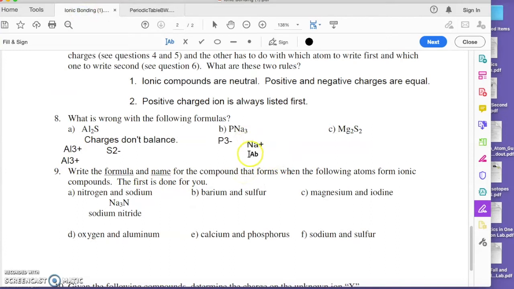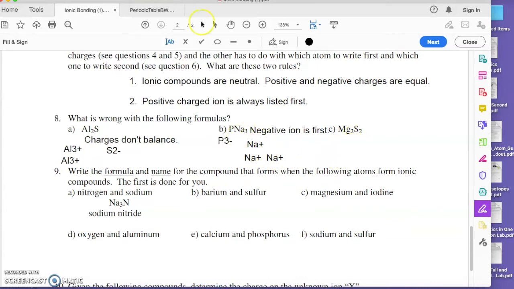We have 3 sodiums, which gives us 3 positive charges: positive, positive, positive. So +3, -3. The charge is balanced, but phosphorus is listed first. So it's wrong because the positive ion should be first. The formula for this should be Na3P, not PNa3.